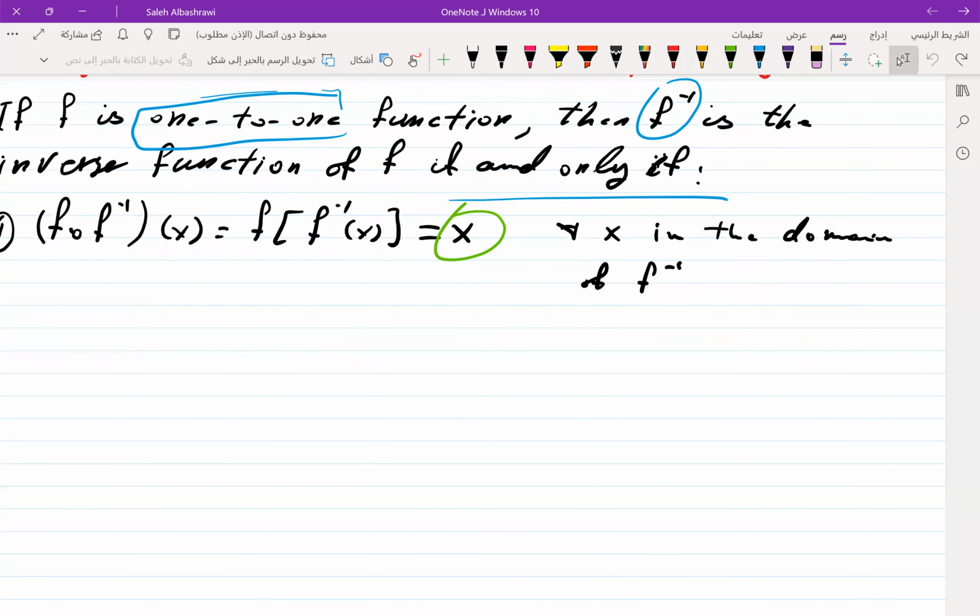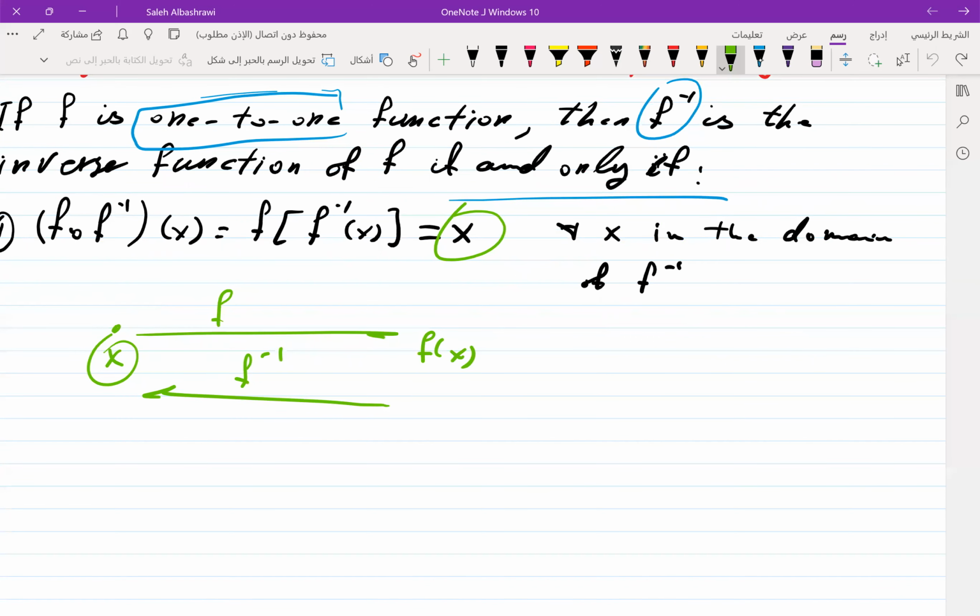It is like we are moving from one point, let's say from A going to B, or let me call it x. x will go to f of x. Now, if we reverse the direction from f of x going back, I will get x. This is f, and this is f inverse.